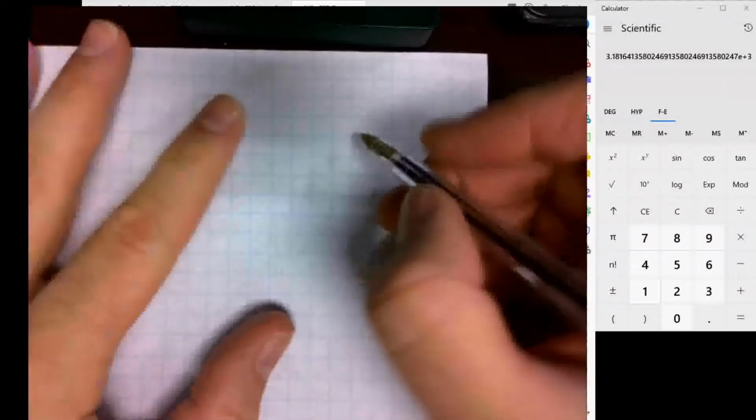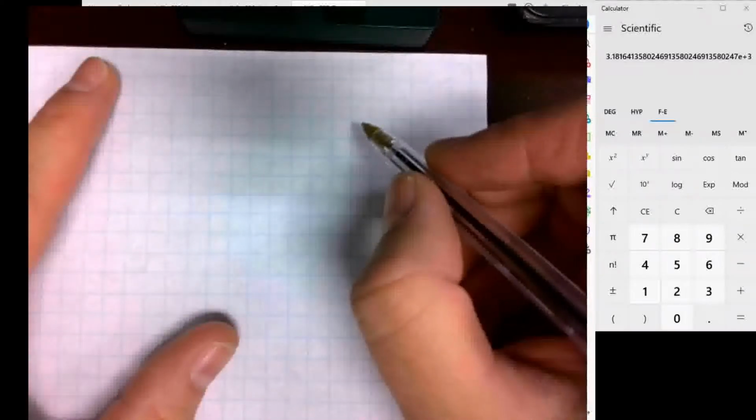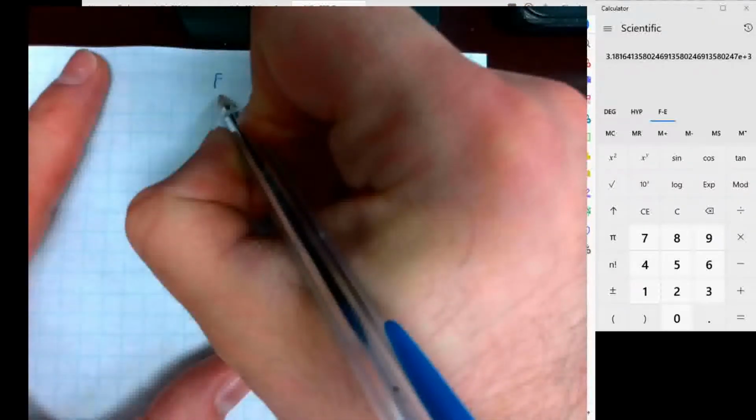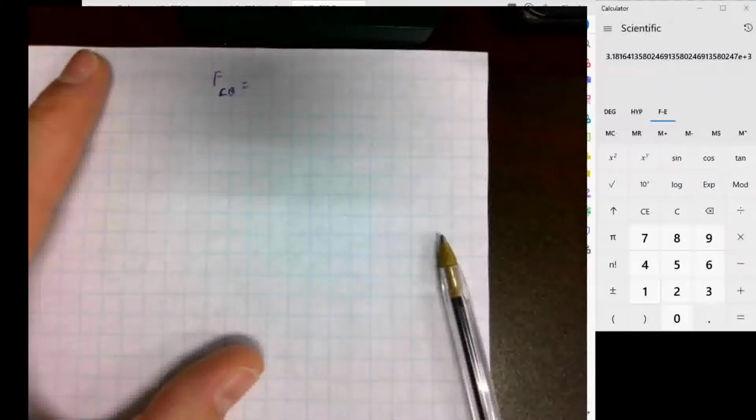Okay, so now let's solve this problem. Our A and C are located at different locations here. B is 3 centimeters away from C. So we have F of C on B, and that is going to be K. Oh, actually, sorry, we're finding the electric field intensity.